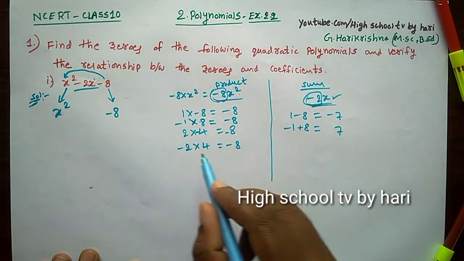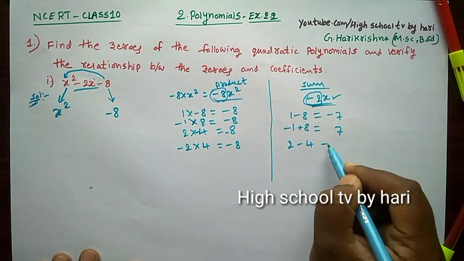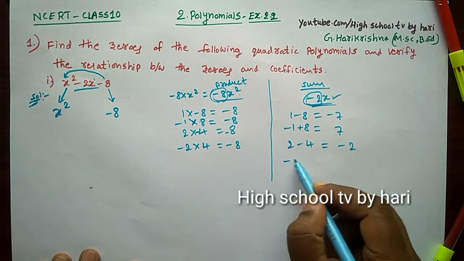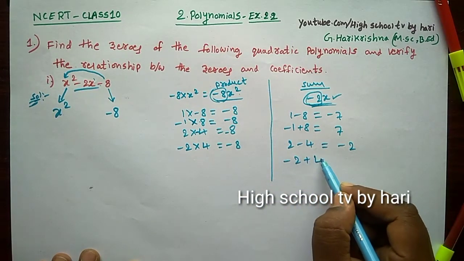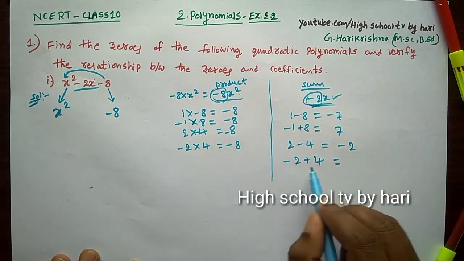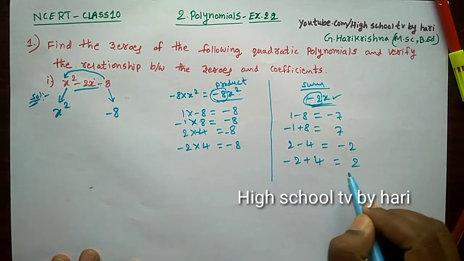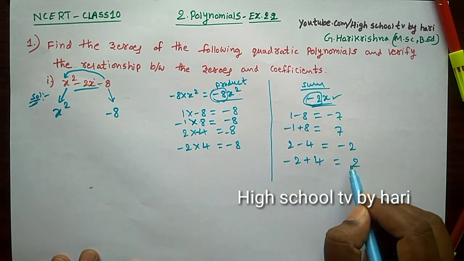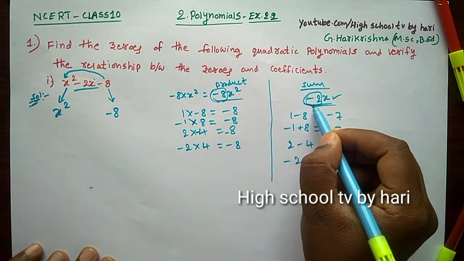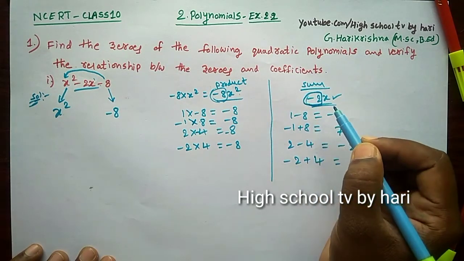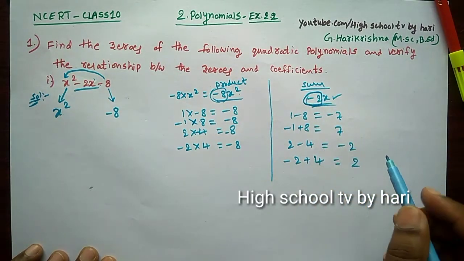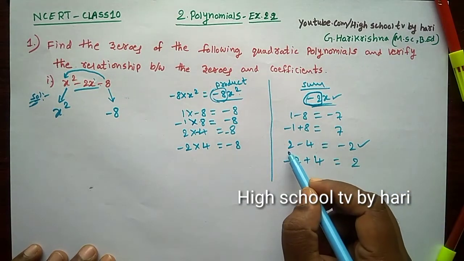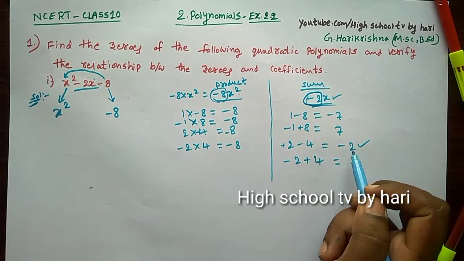Plus 2 and minus 4 is minus 2, the bigger number being minus 4. And minus 2 plus 4 is plus 2. We should get minus 2, and we have got it here: plus 2 minus 4 is equal to minus 2.